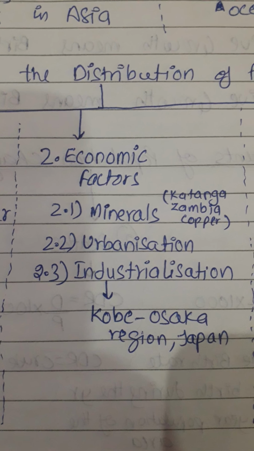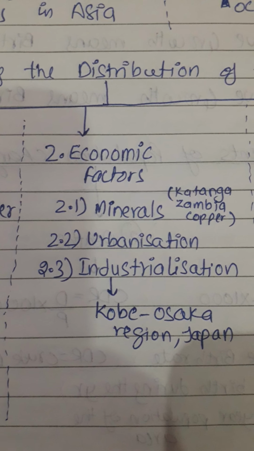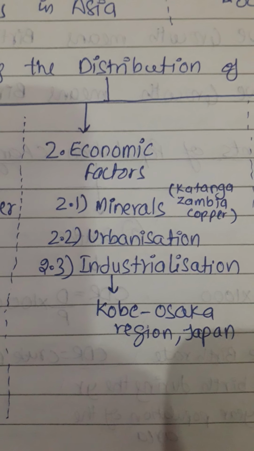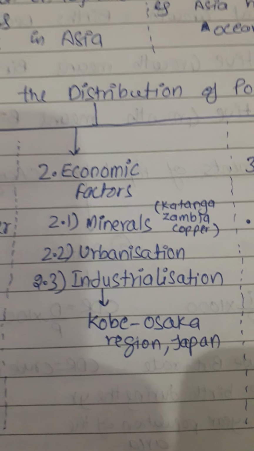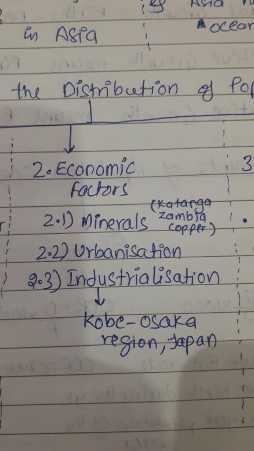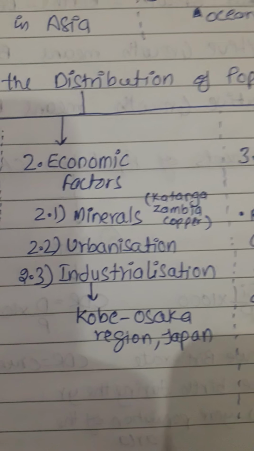Industrialization is the same thing: where the industries are, that also supports population density. The Kobe Osaka region in Japan is mentioned in your book.